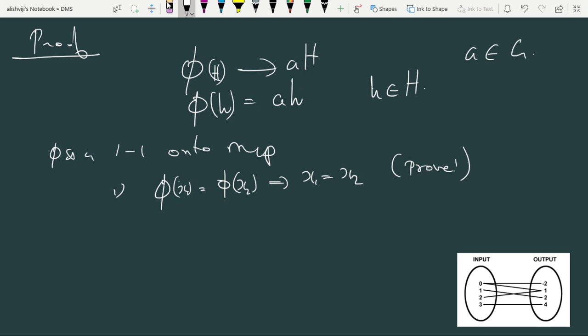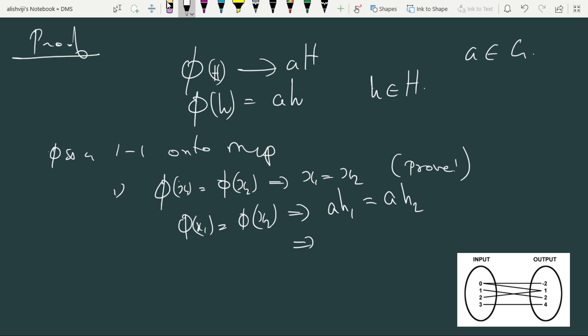And for that, if phi of x1 is equal to phi of x2, since phi of an element h is a h, it means a h1 is equal to a h2.